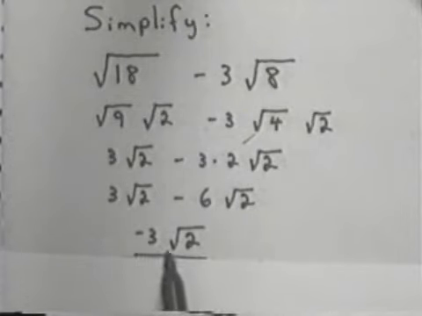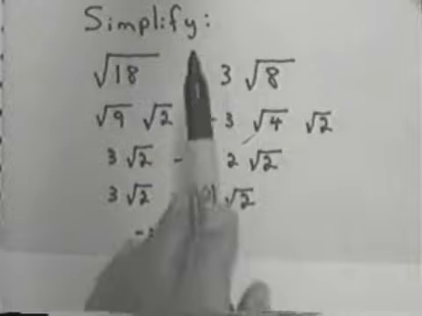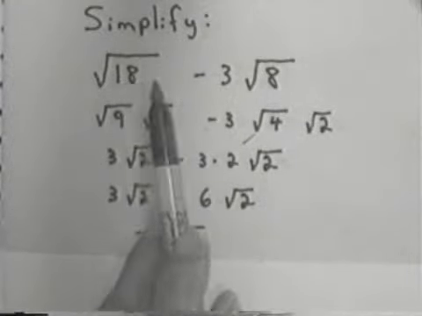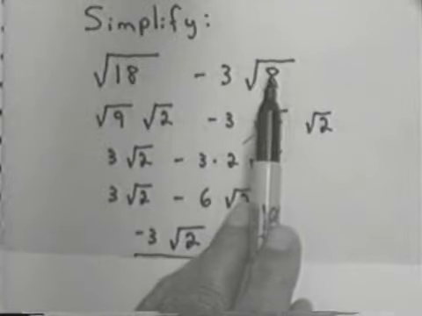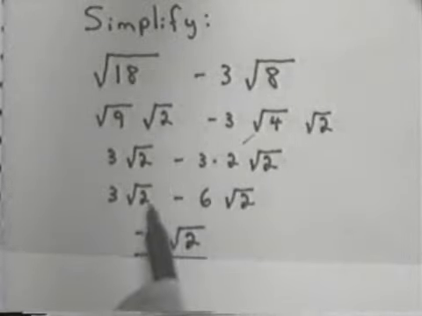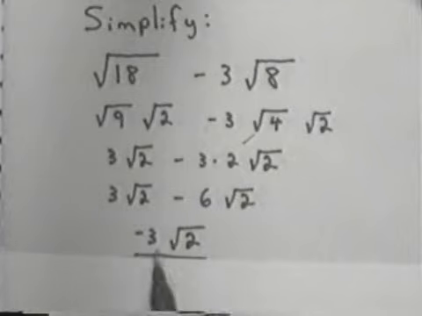The answer is negative 3 times the square root of 2. Anytime I ask you to simplify radicals by adding or subtracting, the first thing you want to do is to simplify both of the terms, hoping that you'll end up with like radicals. If you do end up with like radicals, they can then be combined.